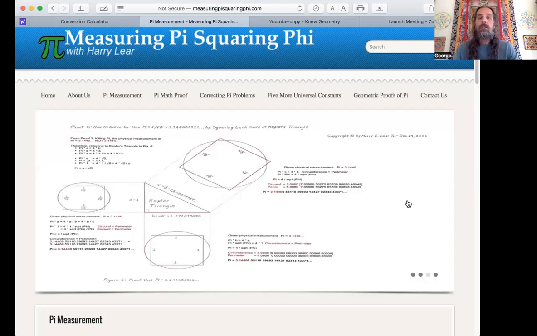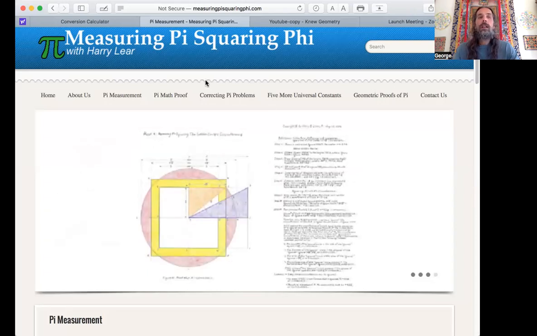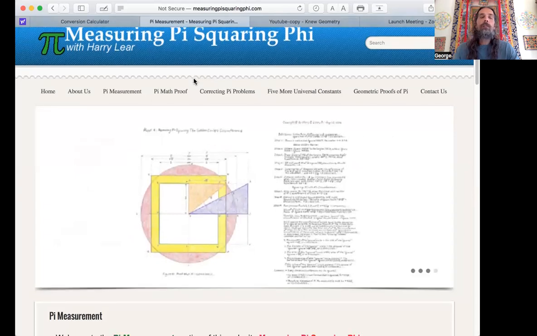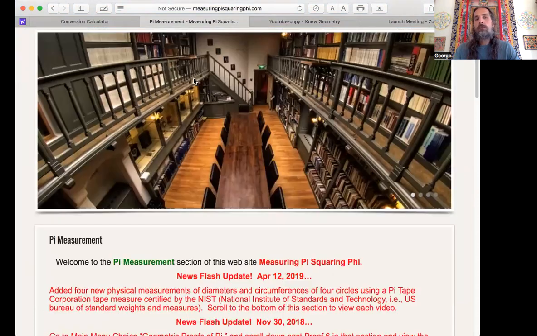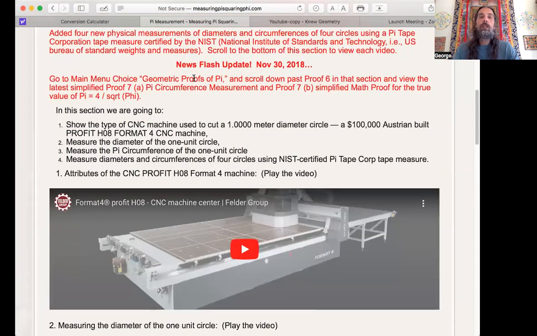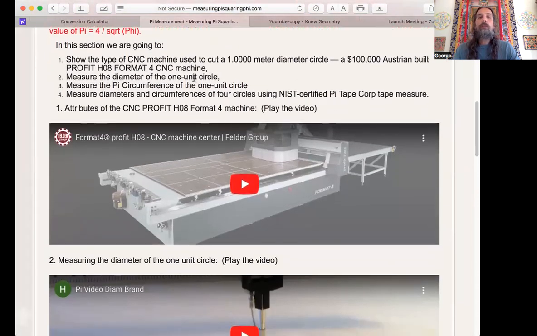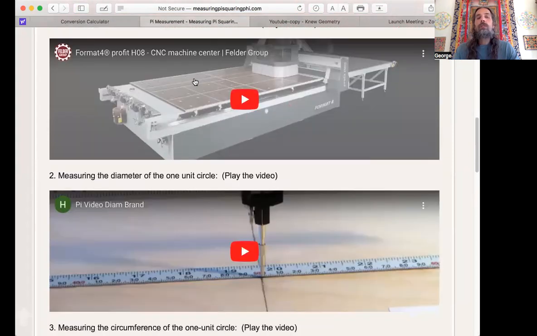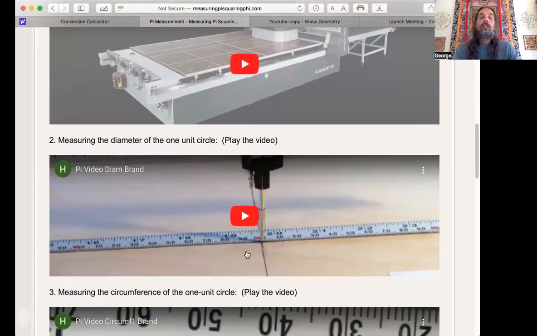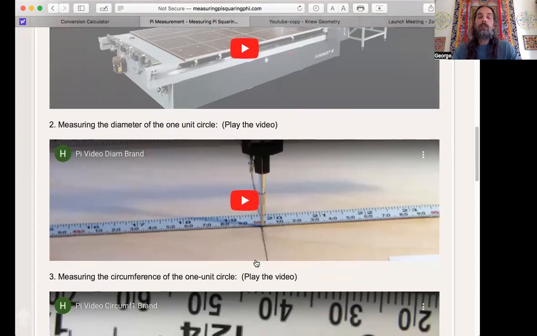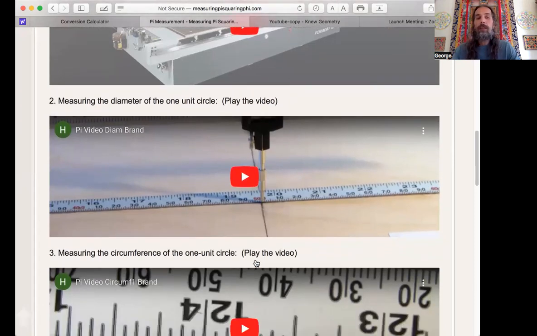So this is the website measuring pi squaring phi, and this fella, Harry Lear, has done a tremendous amount of work working with the golden pi to actually measure this with physical instruments, rather than just working on a computer like I'll be showing you in a moment, or on the Geogebra program and the iPad.